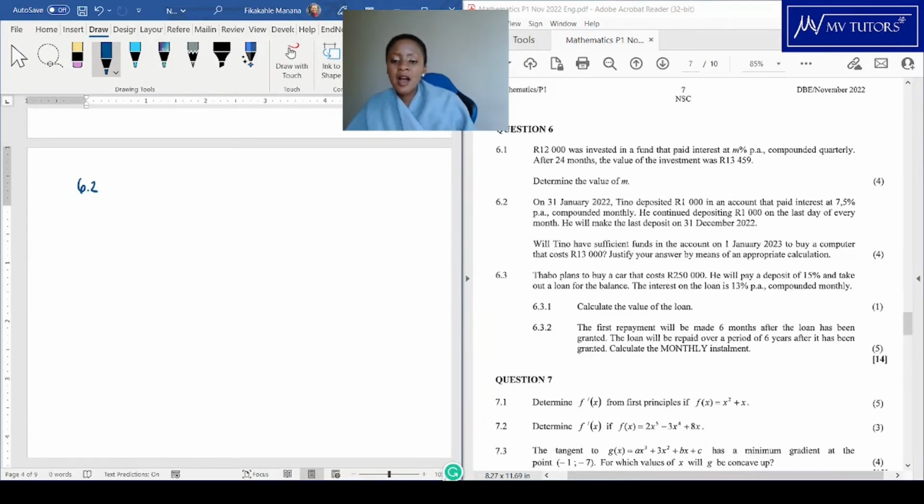On 31st January 2022, Tino deposits 1,000 Rand in an account that paid interest at 7.5% per annum, compounded monthly. He continued depositing 1,000 Rand on the last day of every month. He will make the last deposit on the 31st of December 2022.